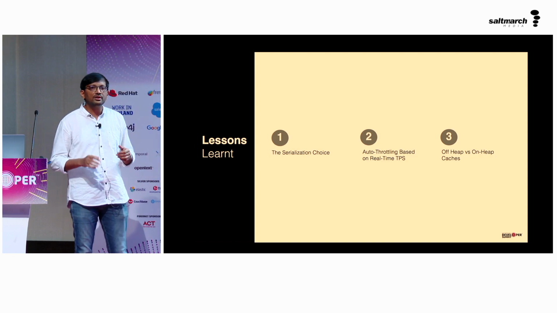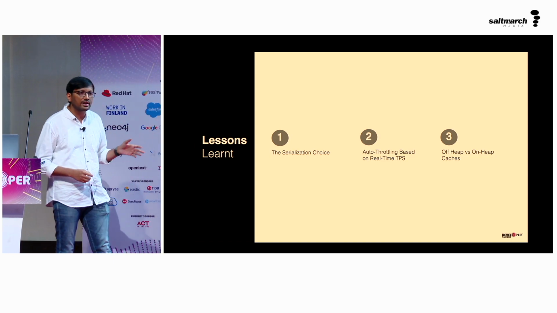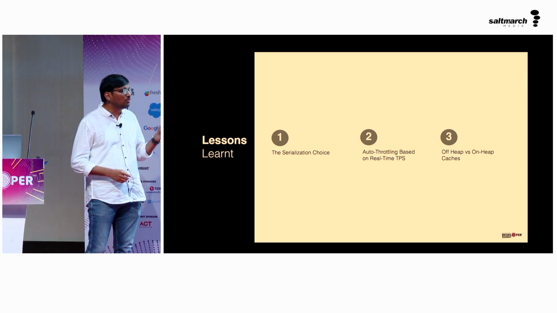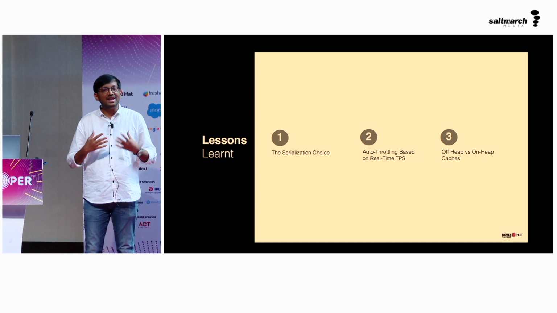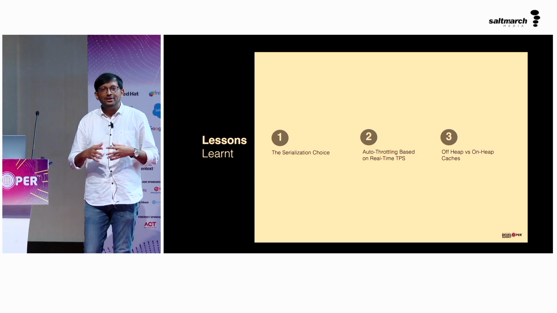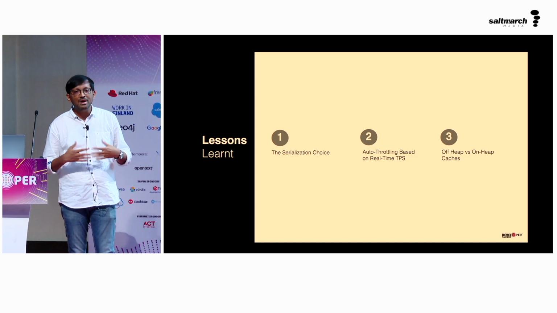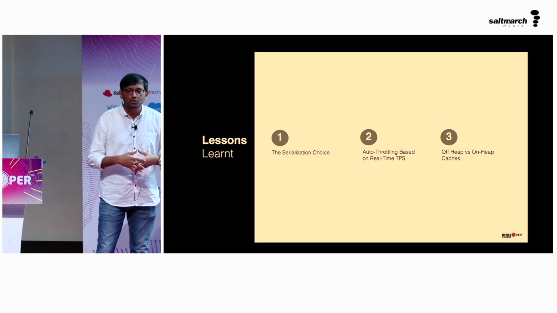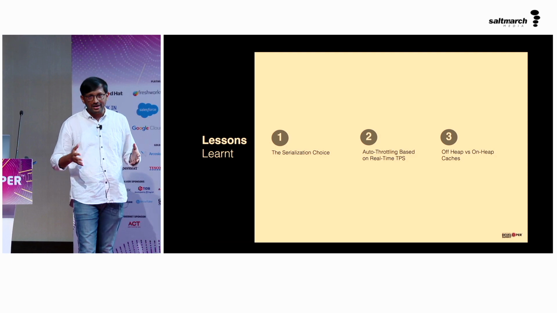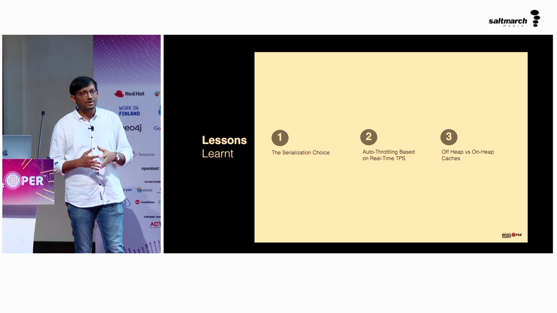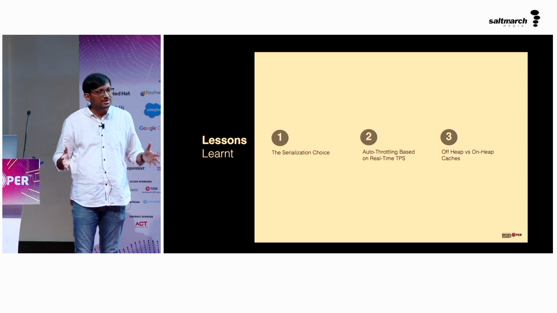But if I have to leave you with 3 lessons learned from operating an in-memory data grid, the number one would be serialization, right? Serialization is a very, very important choice in any grid-based application. When your data isn't stored in JSON, and memory is not cheap, it's expensive, you can't store terabytes of data in your grid. So what is more important for you is to benchmark multiple serialization formats.